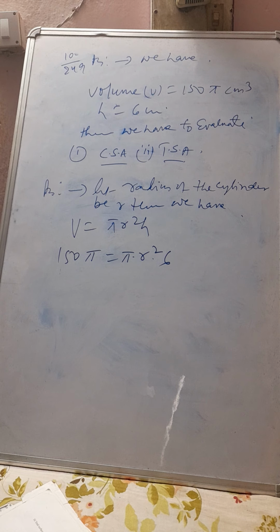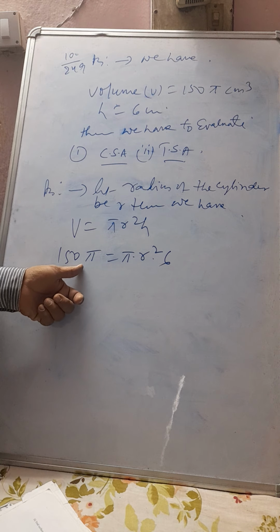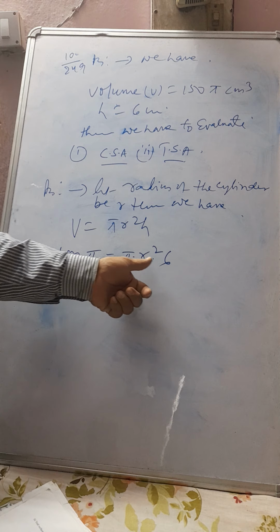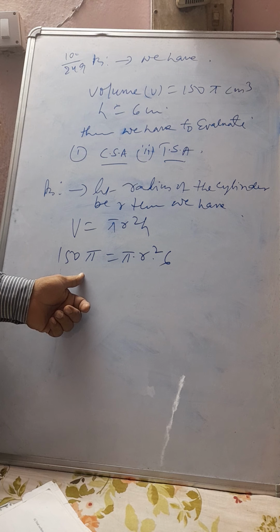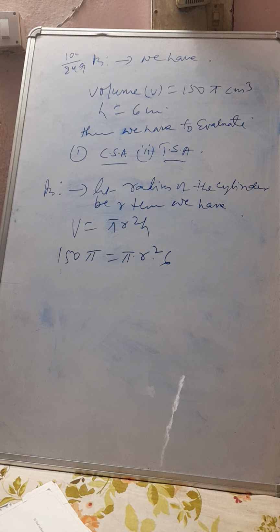देखिए दिस इज वेरी रिमार्केबल थिंग. यहाँ दिया हुआ 150 पाई इज इक्वल टू पाई आर स्क्वायर इंटू 6. जहाँ पाई दोनों साइड में मेंशन हो वहाँ पाई का वैल्यू पुट करने की जरूरत नहीं है. पाई बिकम कैंसिल टुगेदर. सो देयर इज नो नीड टू पुट द वैल्यू ऑफ पाई इज इक्वल टू आइदर 22/7 और 3.14. इसमें टाइम वेस्ट करने की जरूरत नहीं है, इसलिए कि दोनों साइड में पाई आएगा और पाई कैंसिल होगा.